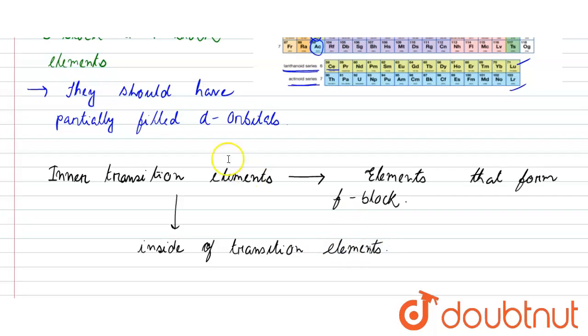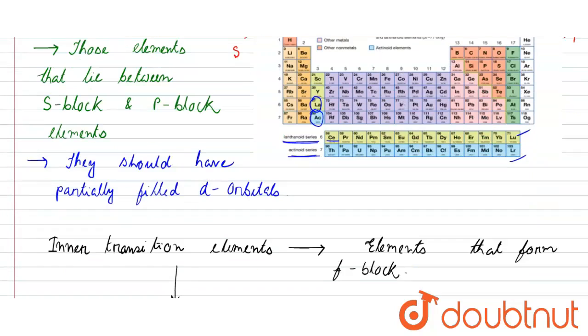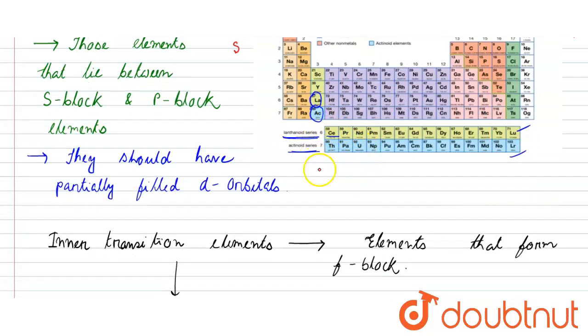Now in the second portion of the question, we have been asked to state the position of the inner transition elements. As we can see in the periodic table, they lie in the bottom.